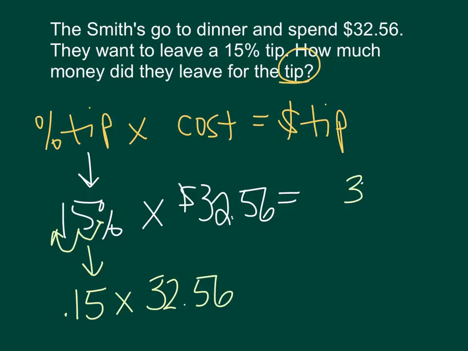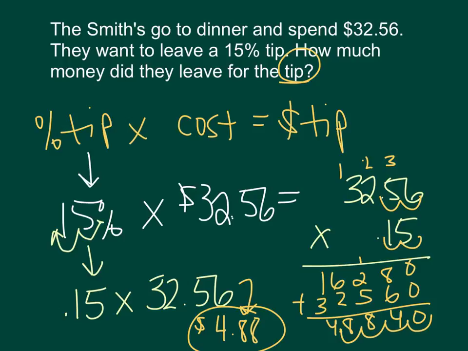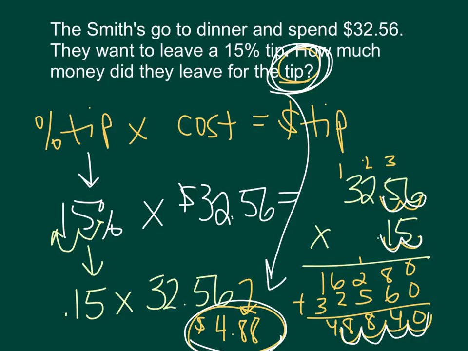I'm then going to multiply that out, 32.56 times 15. When I multiply this out, you'll see that I get an answer of 48840. I counted in my decimal points, 1, 2, 3, 4, 1, 2, 3, 4, and I get a final answer of $4.88. That's the answer to my question because it's asking how much did they leave for the tip. So they left $4.88 for their tip.